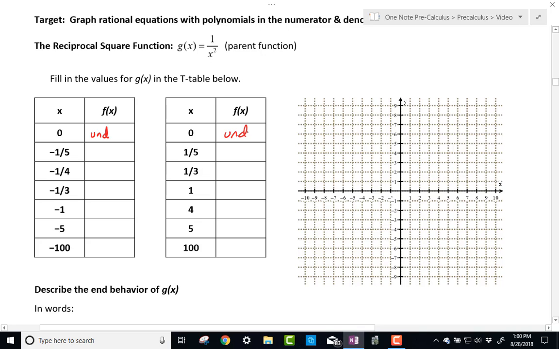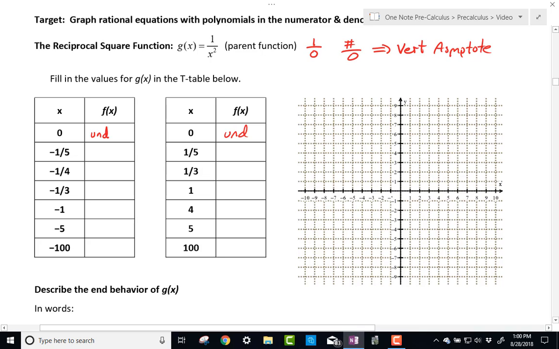All right? So right away, when I see 1 over 0 or any number over 0, not 0 over 0, we'll talk about that later, but if I see any number over 0, this implies that there is a vertical asymptote.